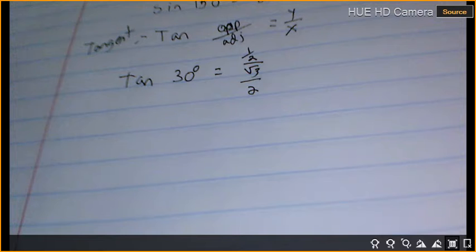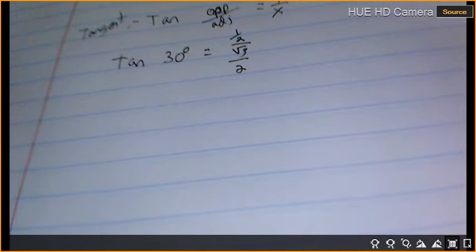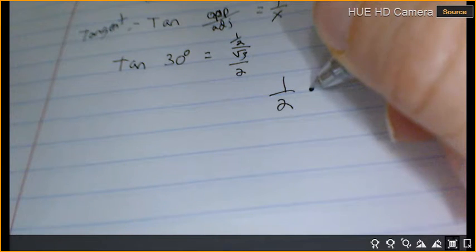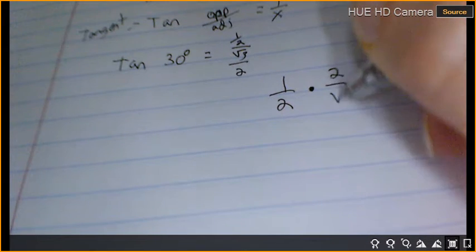Okay, so we got this crazy fraction. So we're going to go ahead and solve this crazy fraction, but then I'm going to give you some shortcuts that you can put on your unit circle, okay? So you don't have to do this whole algebra every single time, all right? So we're going to go 1/2 times 2 over square root 3.